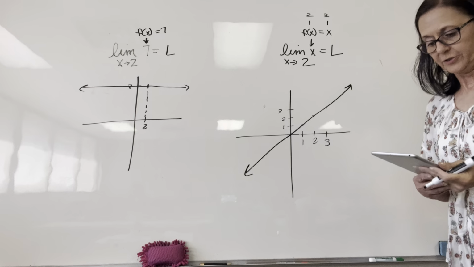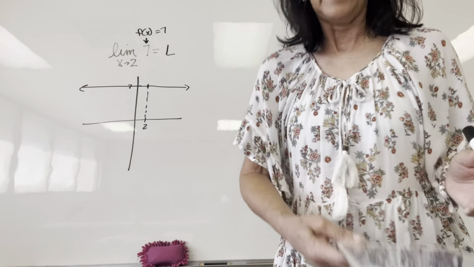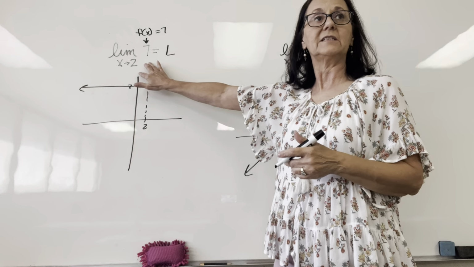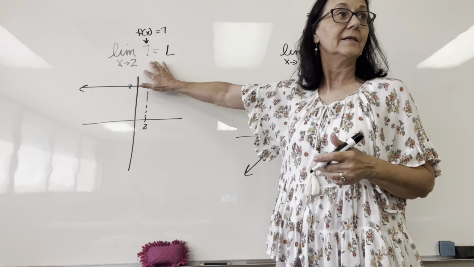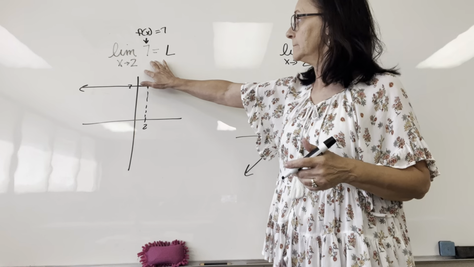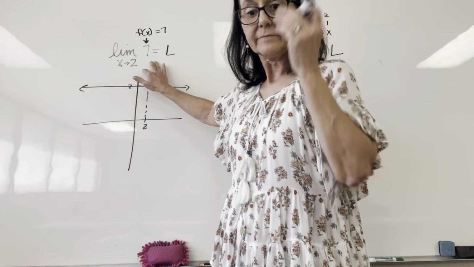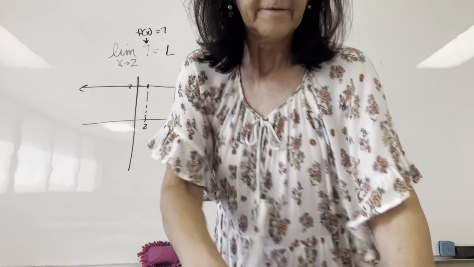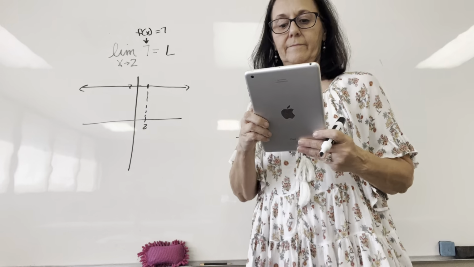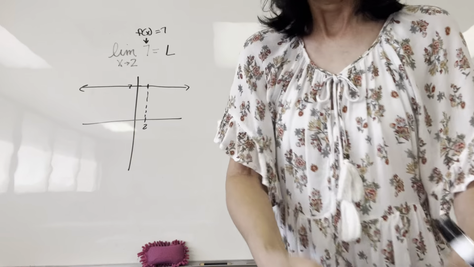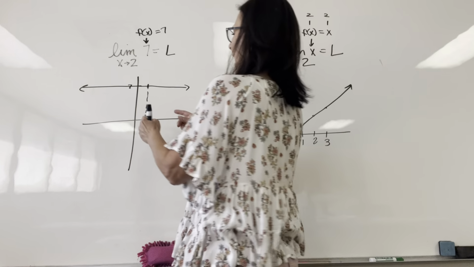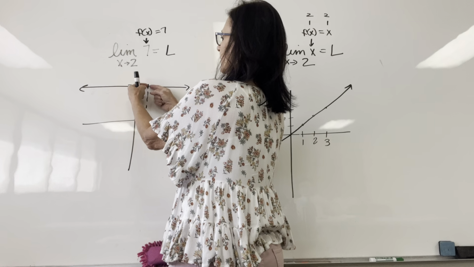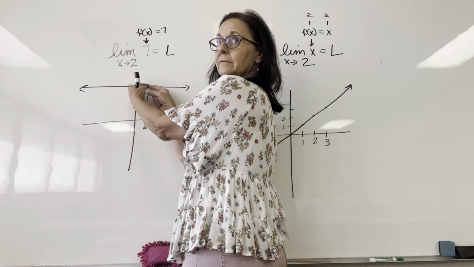All right, so those are the functions. Now, what is this asking us? Let's look at the constant function. As x approaches 2, what is y approaching? 7.